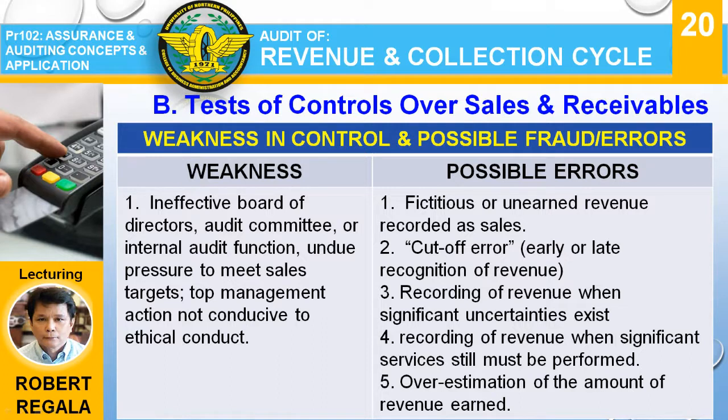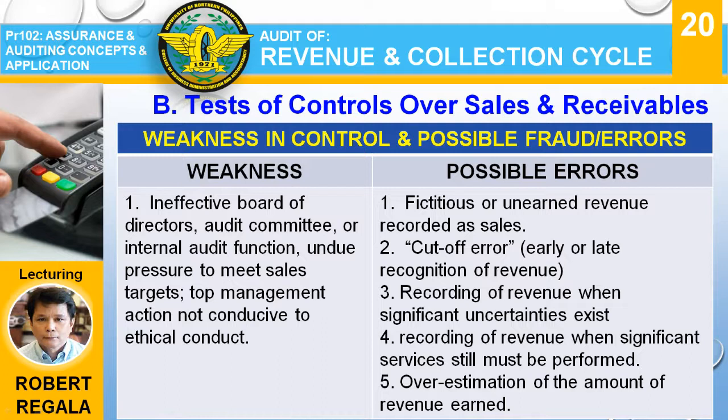Number 1. Weakness: ineffective board of directors, audit committee or internal audit function, undue pressure to meet sales targets, top management action not conducive to ethical conduct. This could lead to the following frauds or errors.